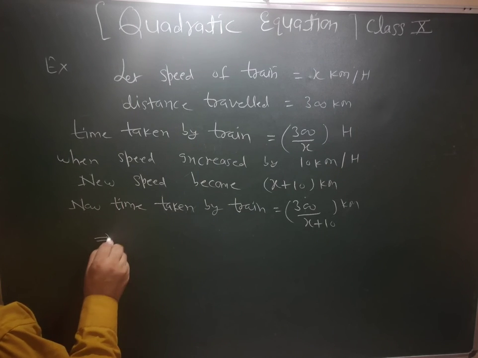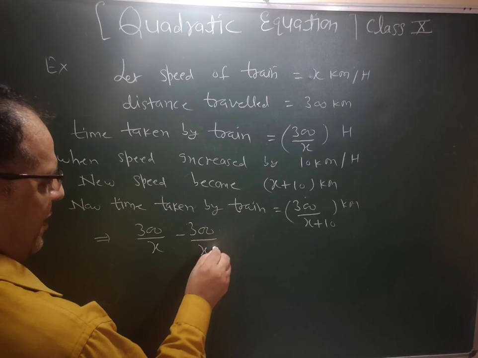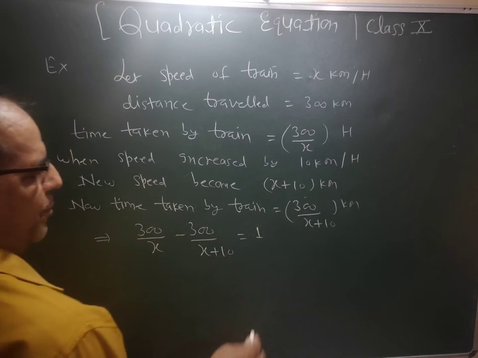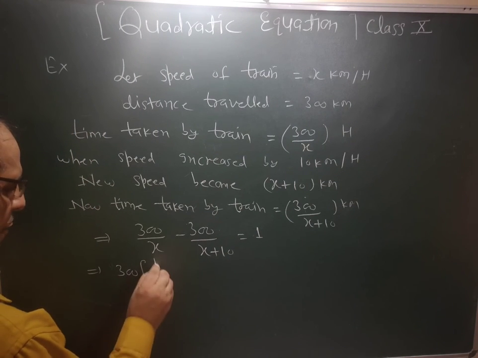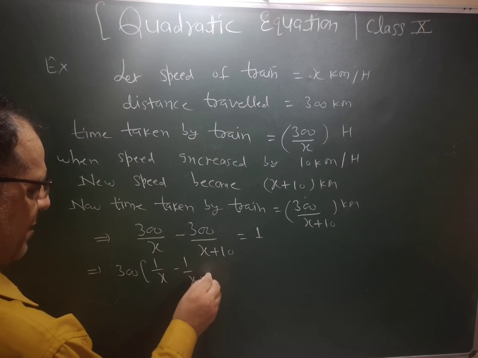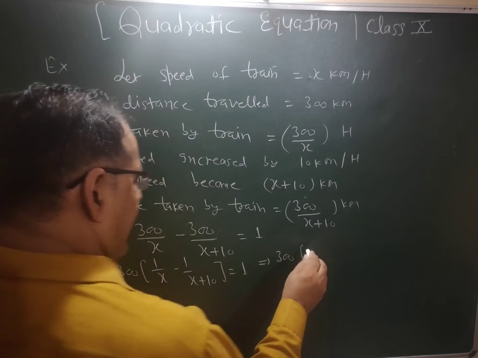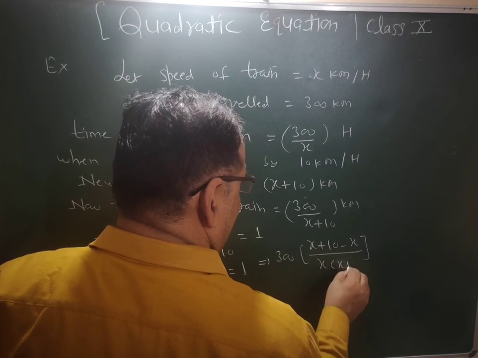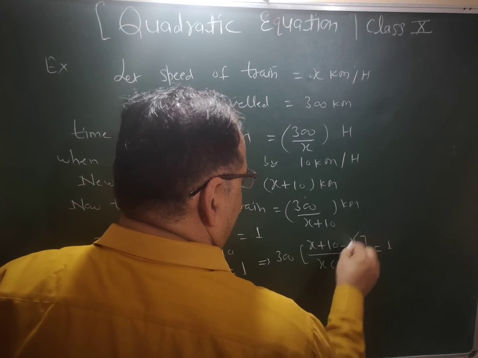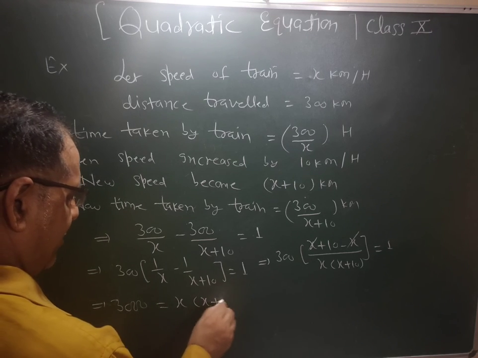So now according to the question, 300 upon x minus 300 upon x plus 10 will be equal to 1 hour, because the train takes 1 hour less time. Now take 300 common, we have 1 upon x minus 1 upon x plus 10 equal to 1 upon 300. Taking the LCM x into x plus 10, we get (x plus 10 minus x) upon x into (x plus 10) equal to 1 upon 300. x and x cancel out, so now we have 3000 equal to x into x plus 10.